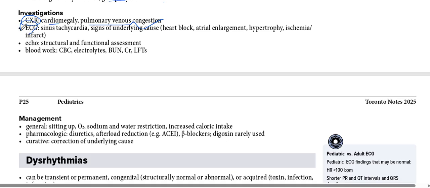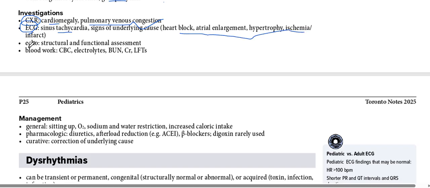ECG will show sinus tachycardia and signs of underlying causes like heart block, atrial enlargement, hypertrophy, ischemia, infarct, etc.